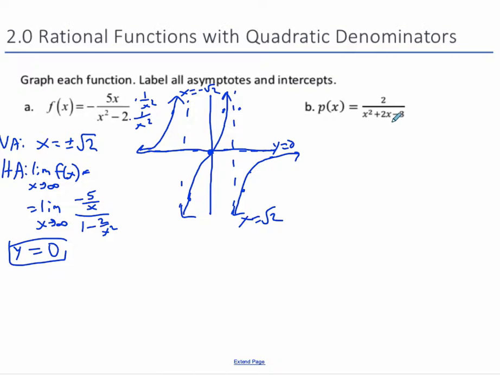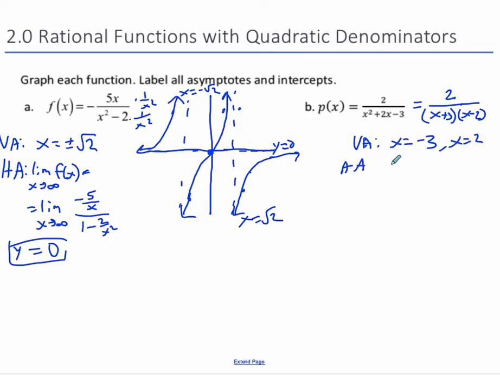Okay, next one we have, this is just a quadratic on the denominator. So I can factor the denominator, then I can see more clearly where the vertical asymptotes are. So you're going to have a vertical asymptote at x equals negative 3 and x equals 2.